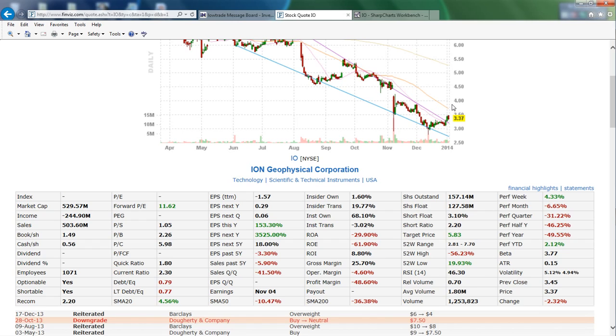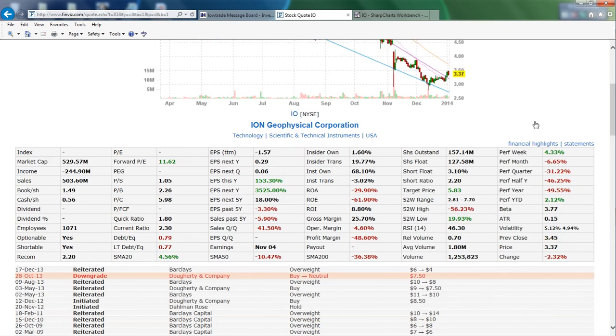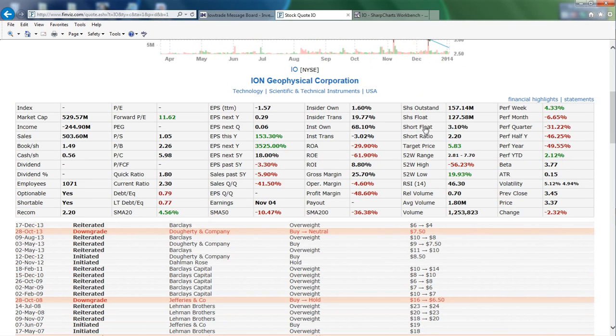I like this as a watch, but not for next week. I'm going to spend a little time on it just to see if I should put it on watch. Okay, let's look at what we got. Oh, we don't have very good management. We have average gross margins, operating margins suck, and profit margins are even worse.